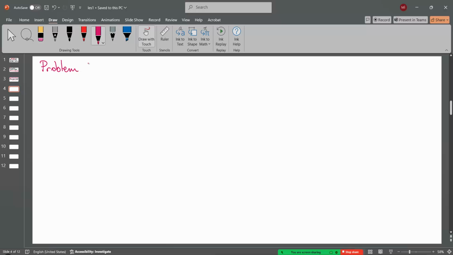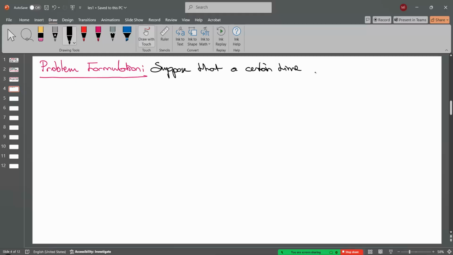Again, suppose that we have a certain time. We know the particle, where it is. For example, if this particle is here, we need to go to this one, okay?